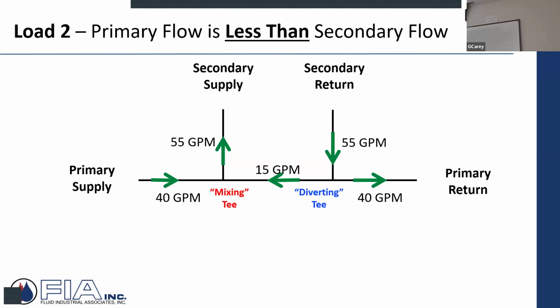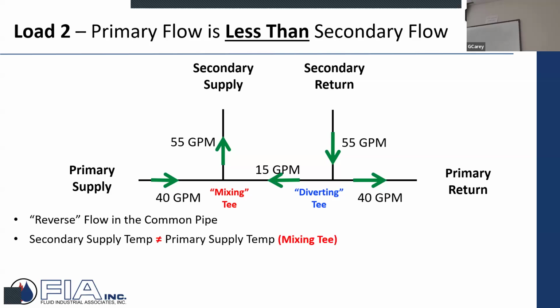So mixing T, 2 ins, 1 out. Diverting is 1 in, 2 outs. So I'm not mixing at the diverting T, I'm diverting. So in this case, 55 comes down, 15 goes back, 40 goes. So reverse flow in the common is one of the characteristics when the primary is less than the secondary.